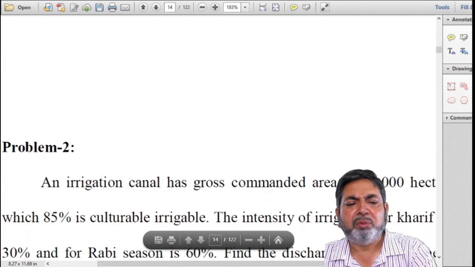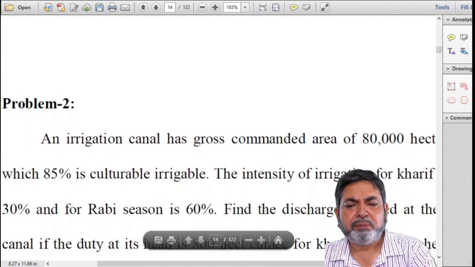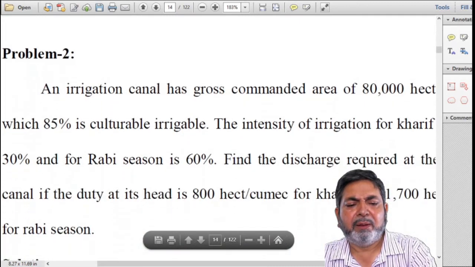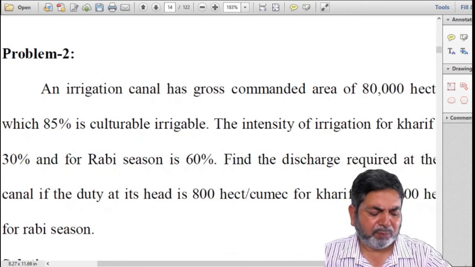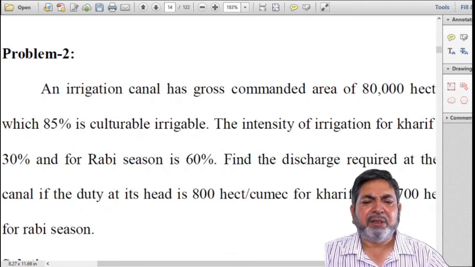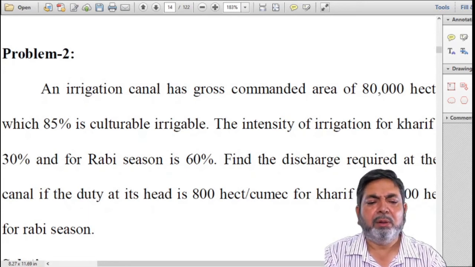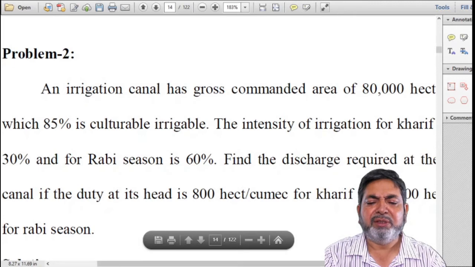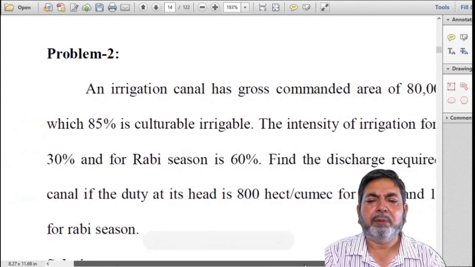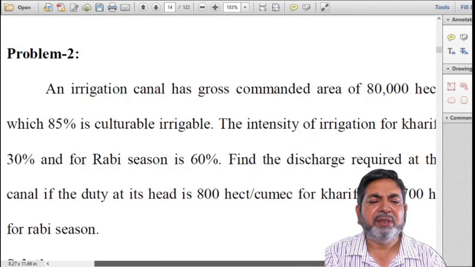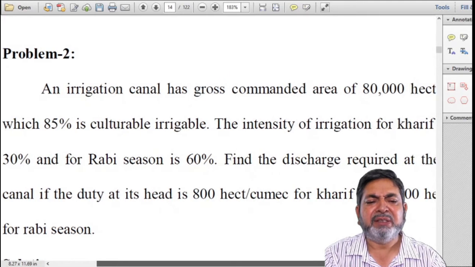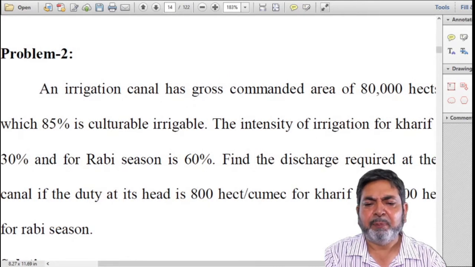Now come to the second problem. The statement of the problem is: an irrigation canal has gross command area of 80,000 hectares, out of which 85% is cultivable irrigable.